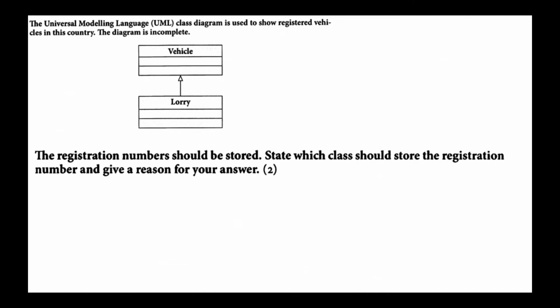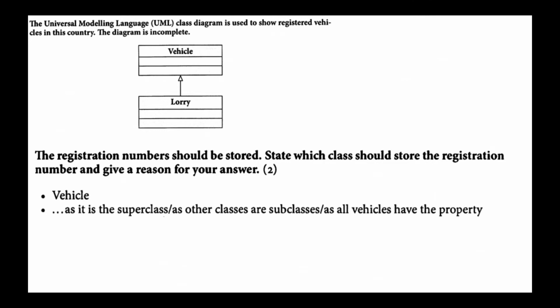Using the same class diagram, the registration number should be stored. State which class should store the registration number and give a reason for your answer. Well, since every vehicle has a registration, it will be in vehicle, as it is the superclass and the other classes are subclasses, so all vehicles have the property.